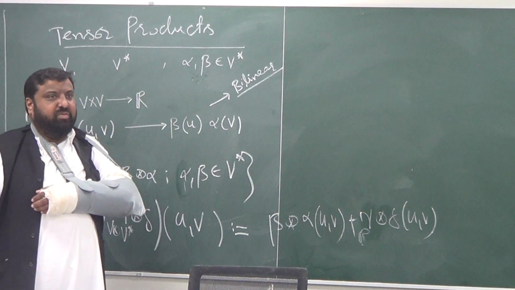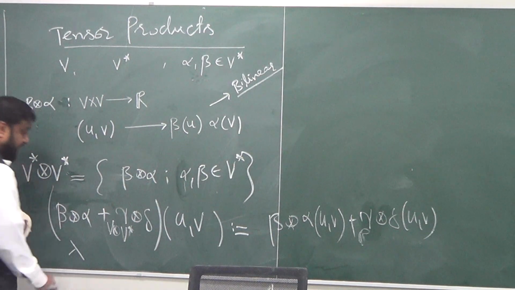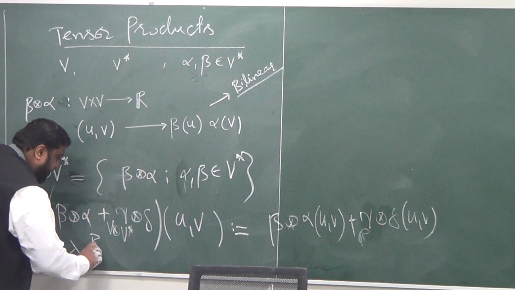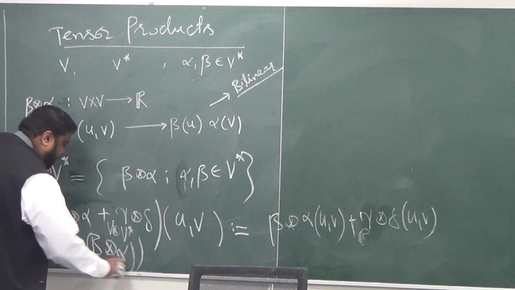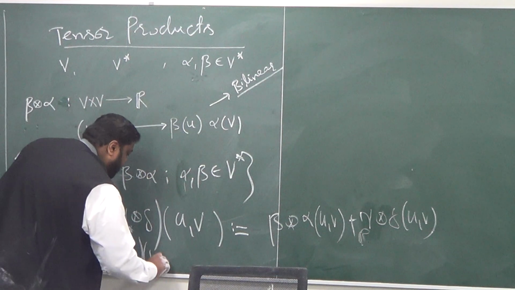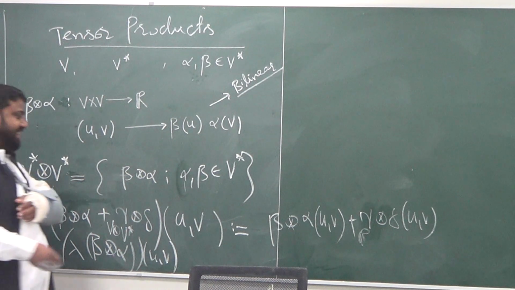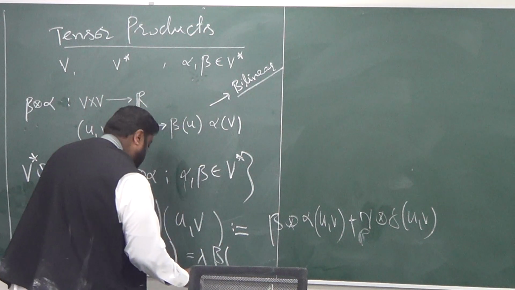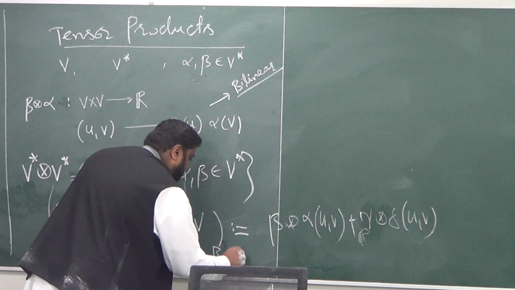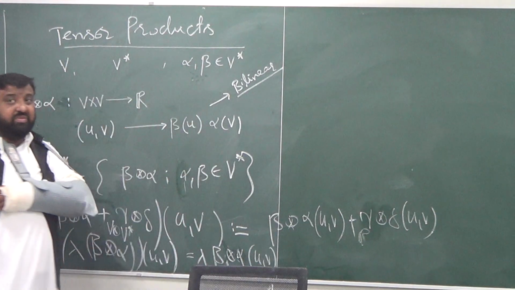So maybe it would be fun to think about what would be the meaning of multiplying a lambda with the tensor product of beta and alpha and operating it onto u, v. Then it should be, as per expectation, lambda times beta of u times alpha of v.